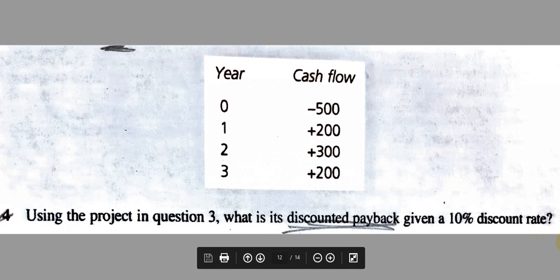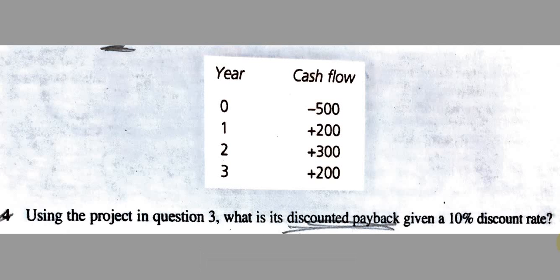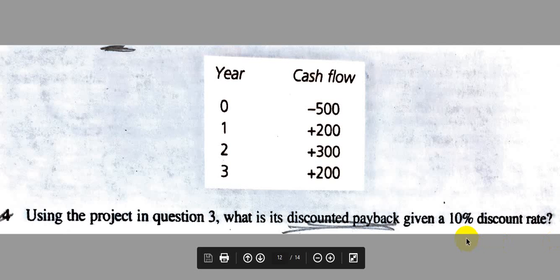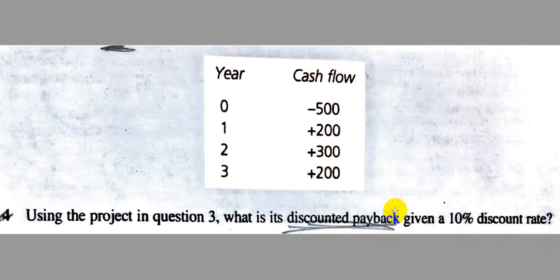This leads us to the last part of the chapter. We have discussed in chapter 3 the payback method, and as the doctor said, one of its main disadvantages that make many managers not use it is that it ignores the time value of money.